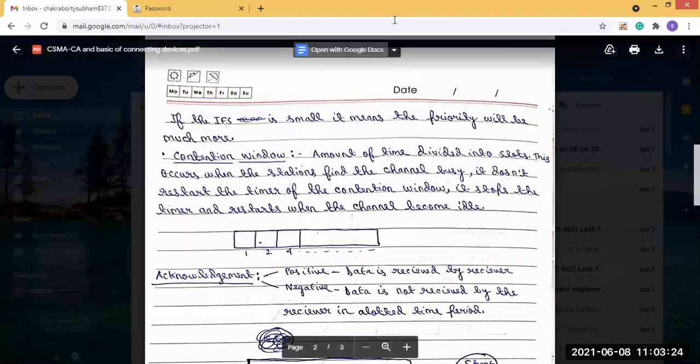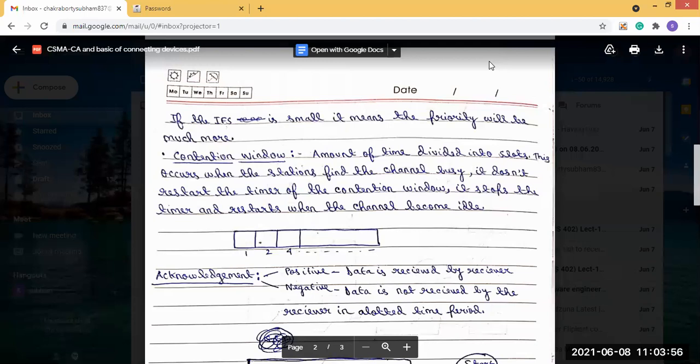And the third is the acknowledgement. Are you familiar with the acknowledgement? Whenever the sender sends a frame to the receiver, the receiver sends 2 types of acknowledgement: one is positive and the other is negative. If the sender receives a positive acknowledgement, it knows that the frame it transmitted was correctly received by the receiver.